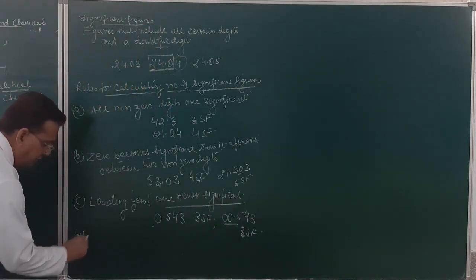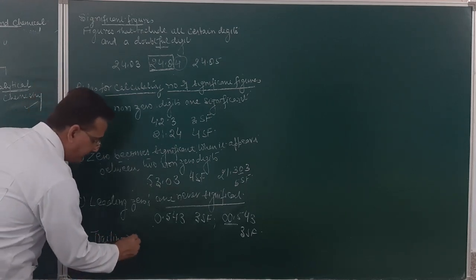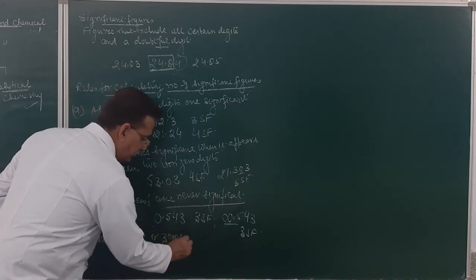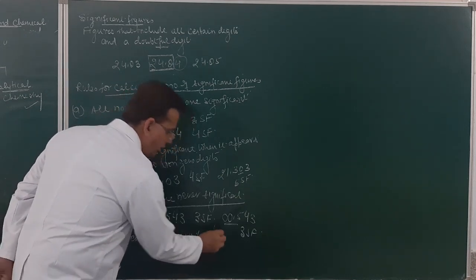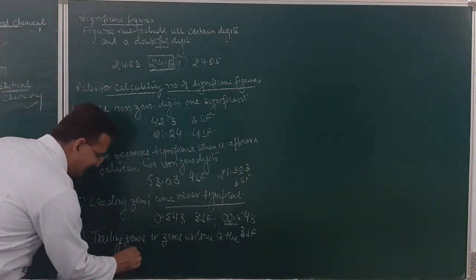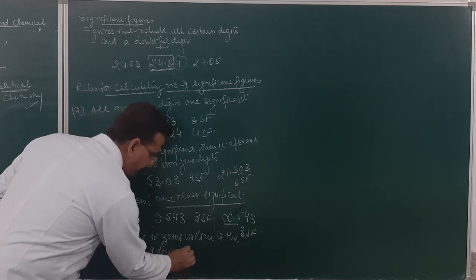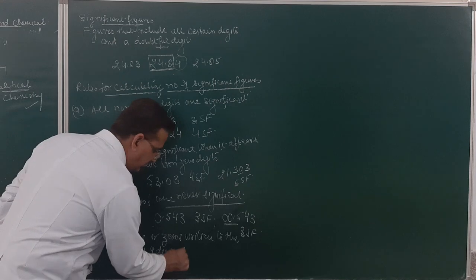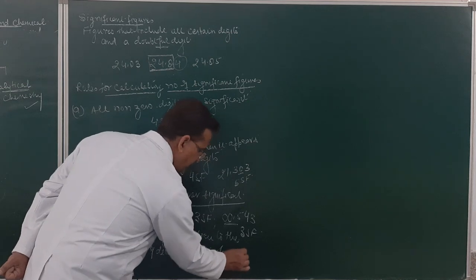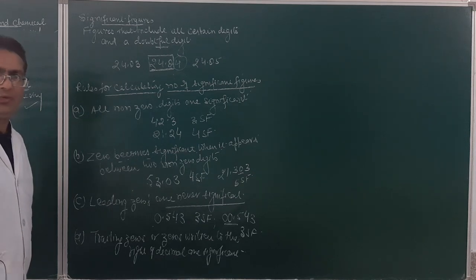So next is the trailing zeros, or I must say zeros written to the right of the decimal. Trailing zeros, or zeros written to the right of the decimal, are significant.